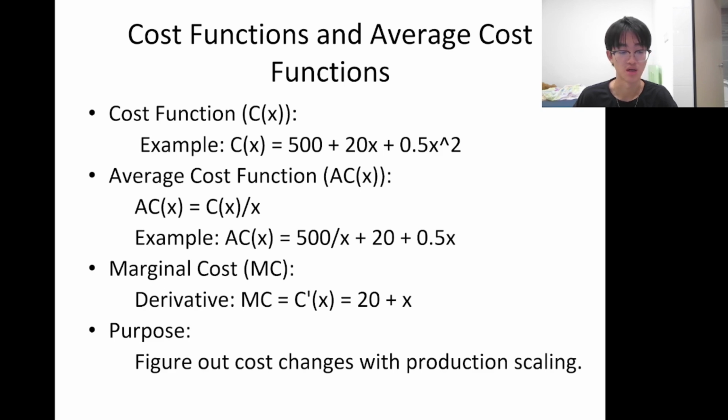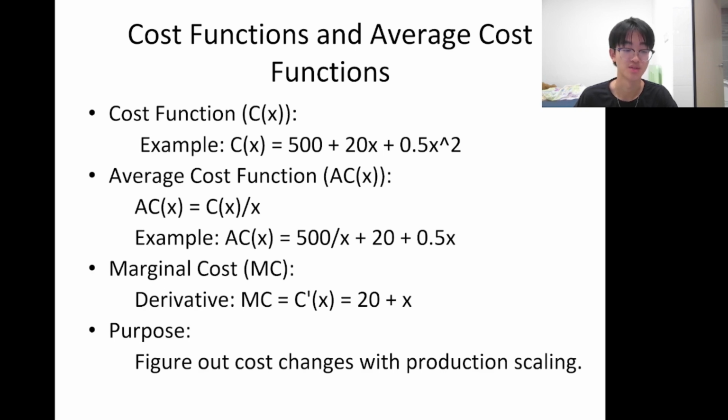For example, consider C(x) equal to 500 plus 20x plus 0.5x squared. This function includes fixed costs, variable costs, and quadratic costs associated with production levels.